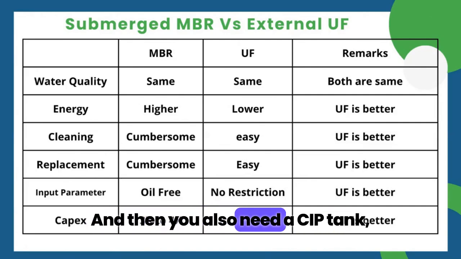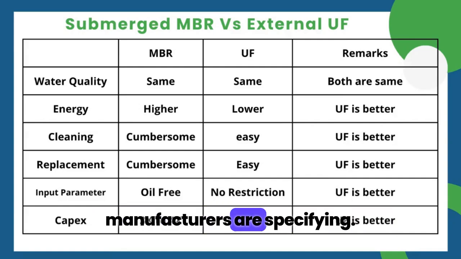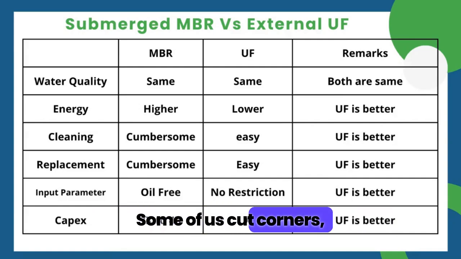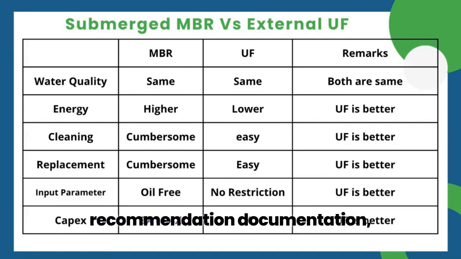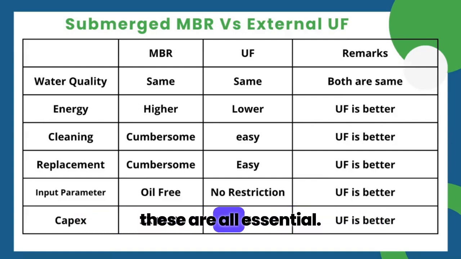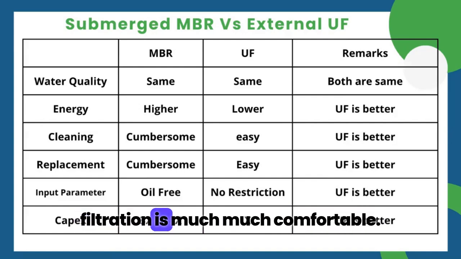And then you also need a CIP tank, a cleaning tank for these membranes. This is what the membrane manufacturers are specifying. Some of us cut corners and may not provide these, but as per the manufacturer's recommendation documentation, these are all essential. So from the CapEx point of view, ultrafiltration is much, much more comfortable.